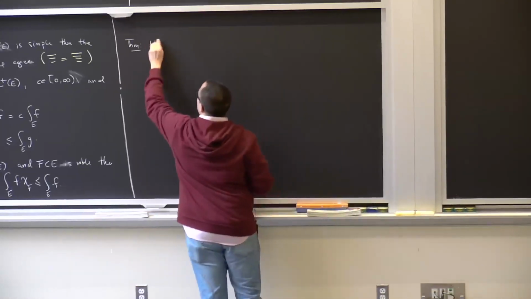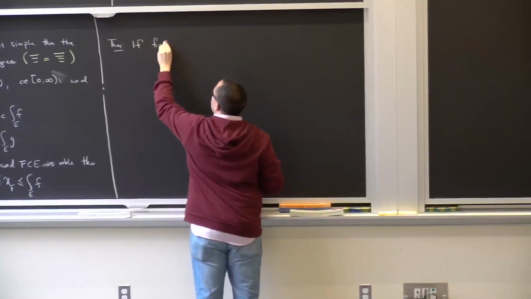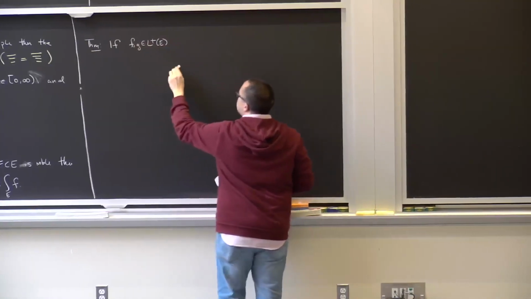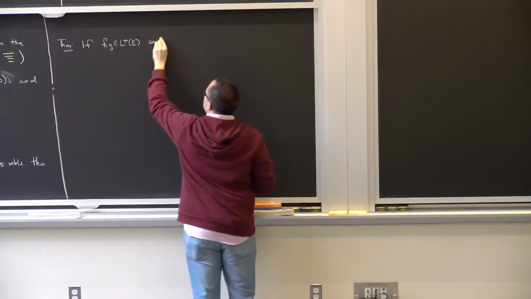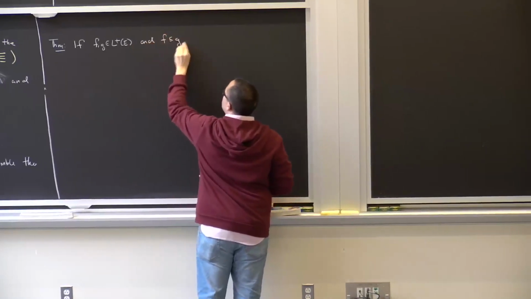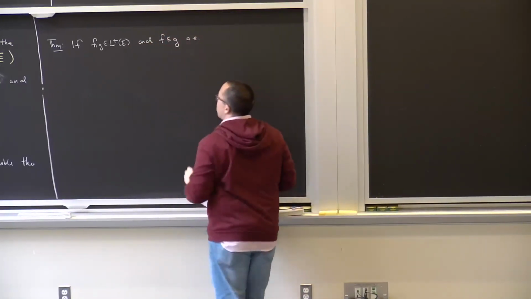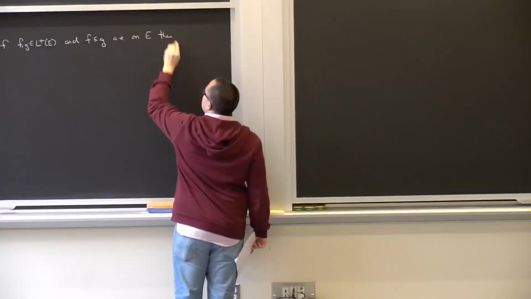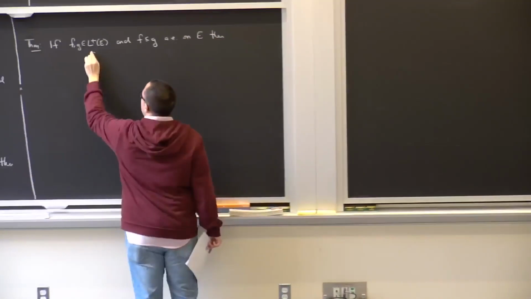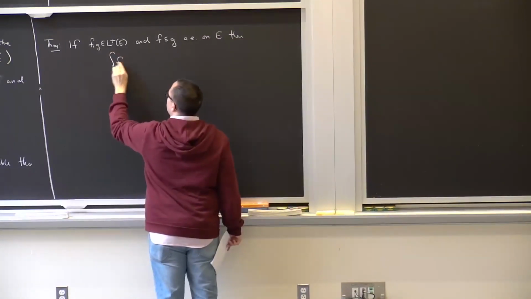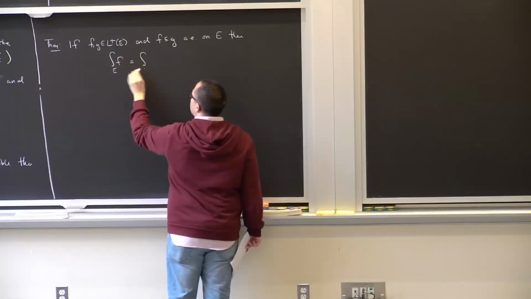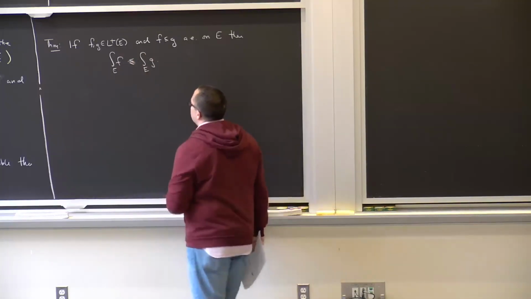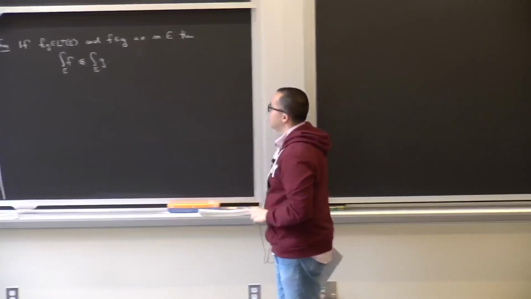So if f and g are non-negative measurable functions, and f is less than or equal to g almost everywhere on E, then the integral over E of f is less than or equal to the integral over E of g. Okay?